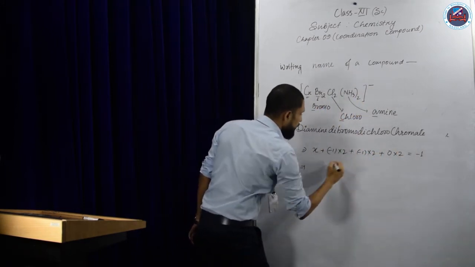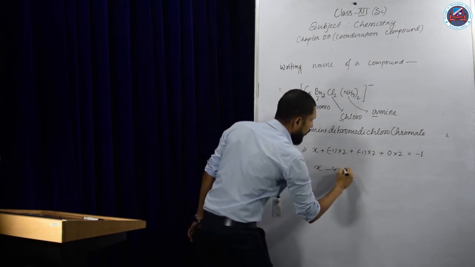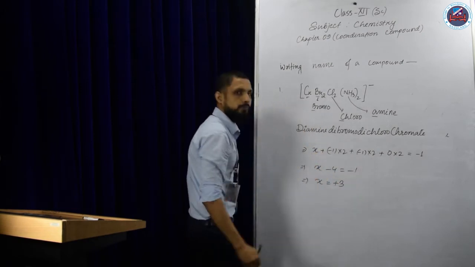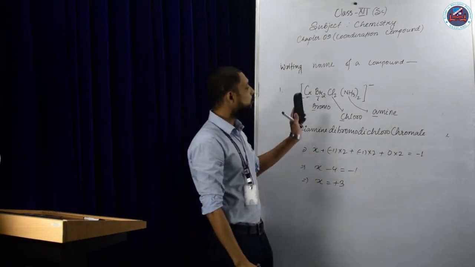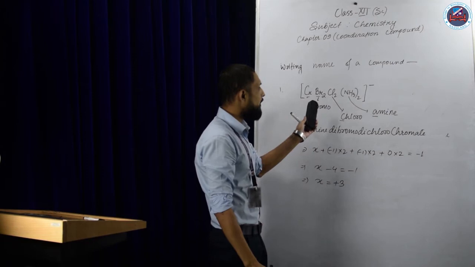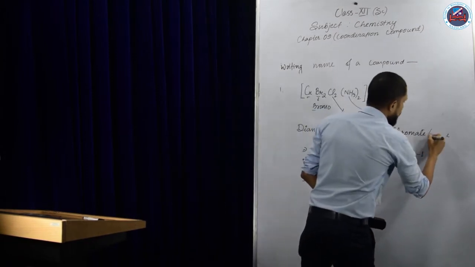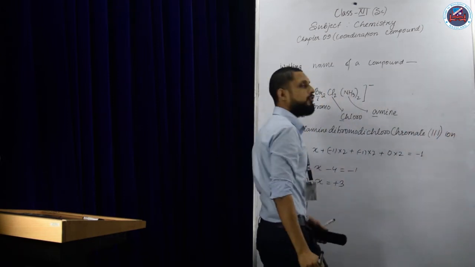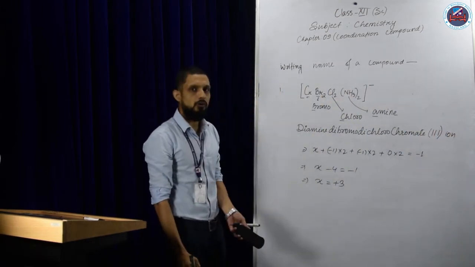If you solve this, you'll get x minus 4 equal to -1, which implies x equal to +3. So the oxidation number of chromium in this complex is +3. So we'll write (III) ion. So this is the name of the given compound.